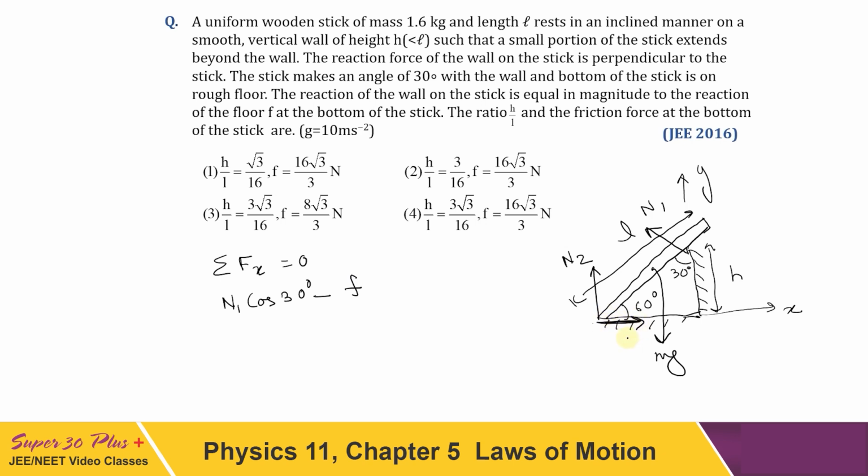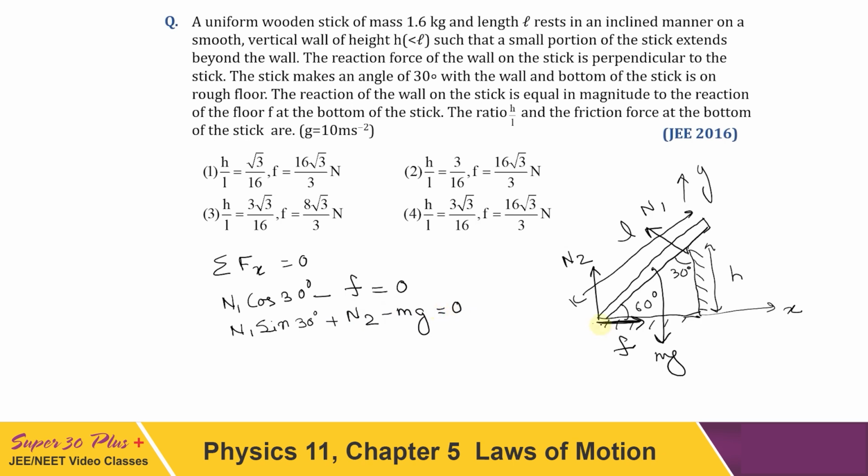So in the x direction, N1 cos 30 degrees minus F equals 0. In the vertical direction, N1 sin 30 degrees plus N2 minus Mg equals 0.